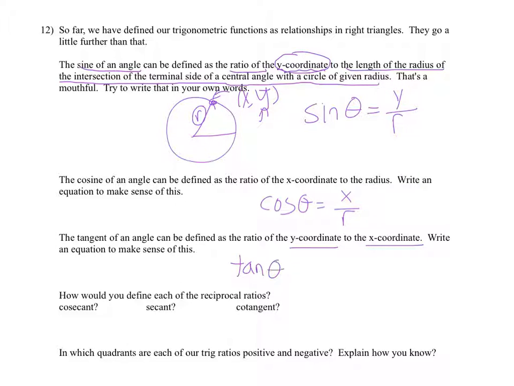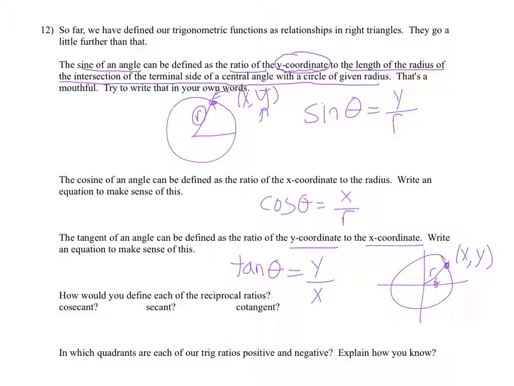So tangent of an angle would be the y divided by the x. And again, given any angle, these are the coordinates we're talking about. If you know these coordinates and you know the radius, you can calculate the trig values without actually having to go into the problem and do some triangle work.